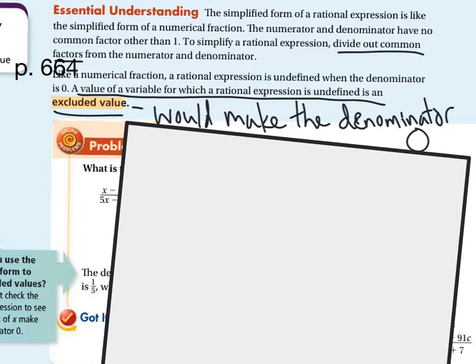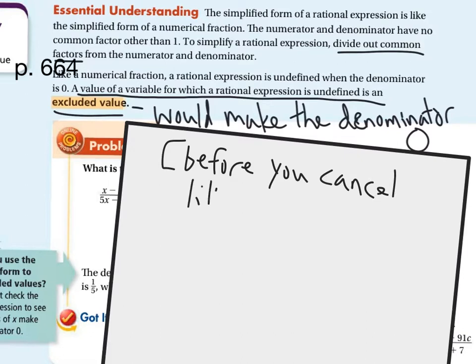And when you do that, you have to look for those before you cancel like factors. So at the very beginning, you need to look for what would make the denominator 0.